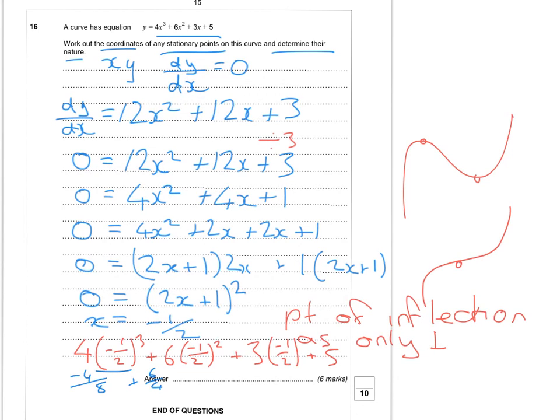And this is 3 times negative a half, minus 3 over 2, plus 5. So we've got 1.5 minus 1.5, which is 0. 5.5 minus 0.5... is equal to 4.5. So our coordinates are negative 1/2 and 4.5. And it's a point of inflection, as it's the only stationary point.